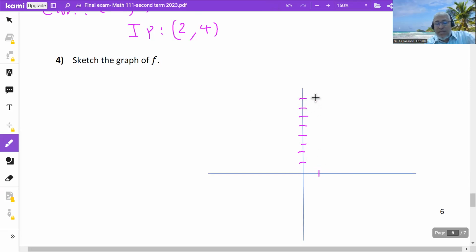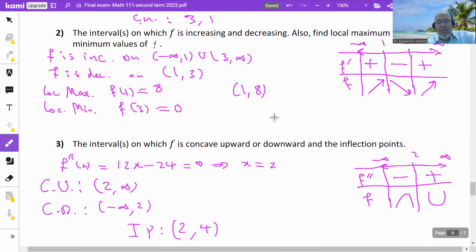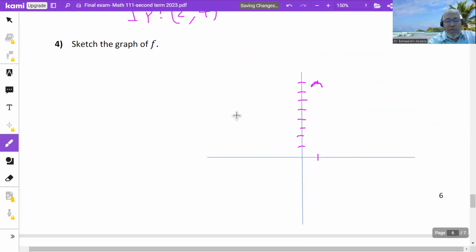So the point (1, 8) is a local maximum, which means the graph is doing like this. There is a cap. The other point, the local minimum: x is 3 and y is 0. (3, 0) is a local minimum. This point is also very important to me. There is a minimum here, so the graph goes like this, like a cup.